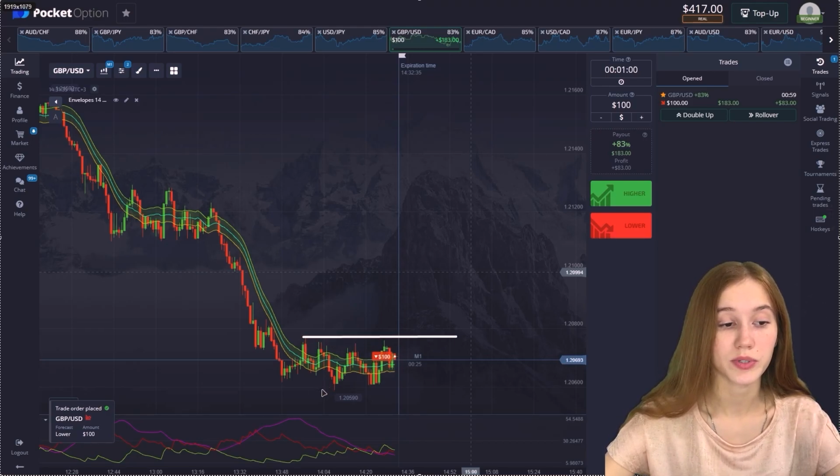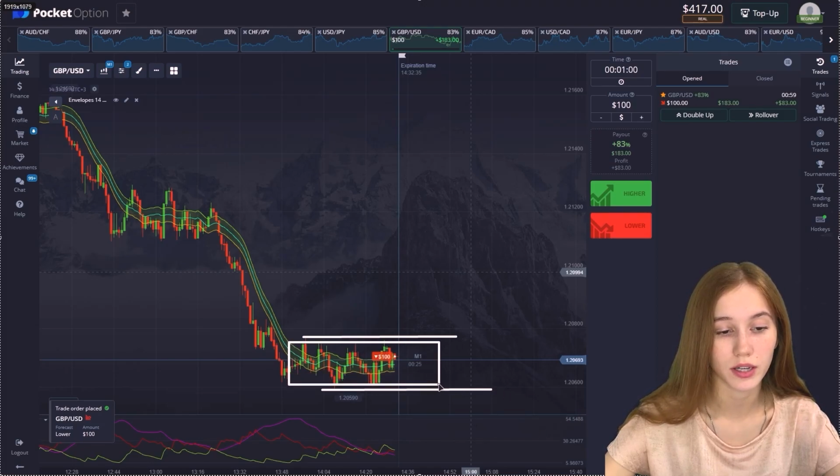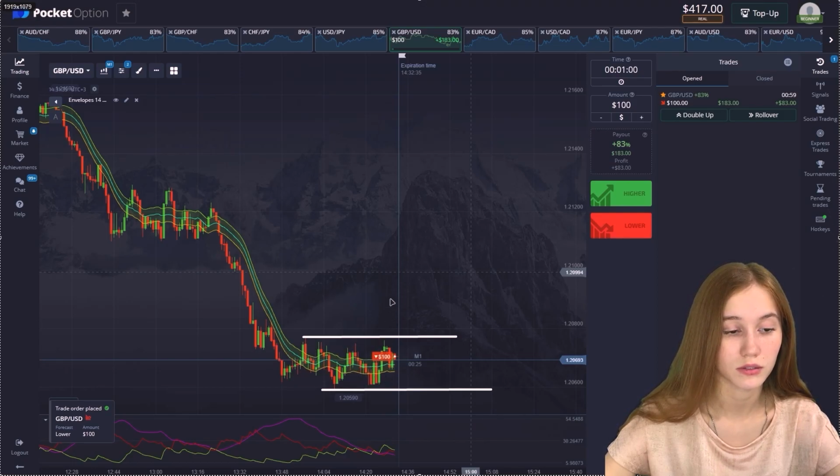Some consolidation we see. Going to the ADX, the purple line shows that the intensity is growing. So that's okay.